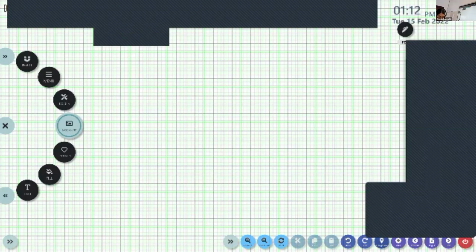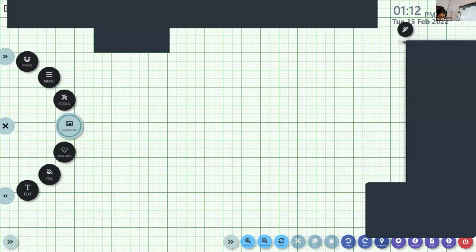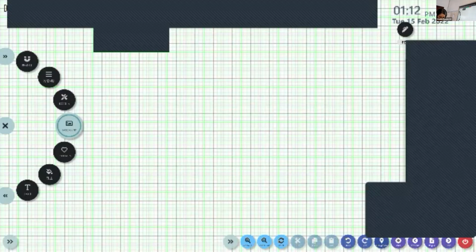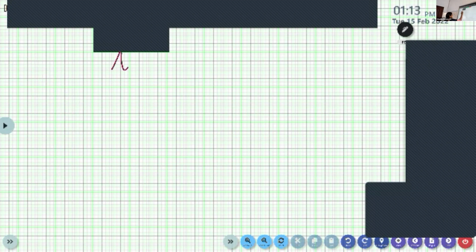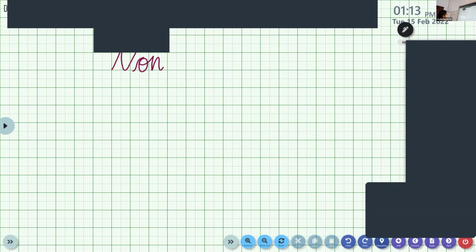So here we have non-standard units of measurement. You can write at the top. N-O-N, non, hyphen.